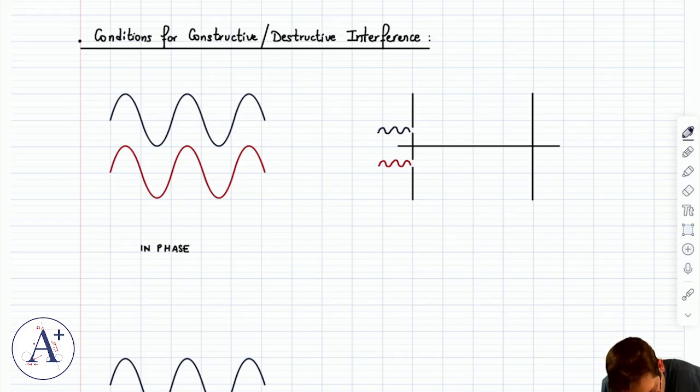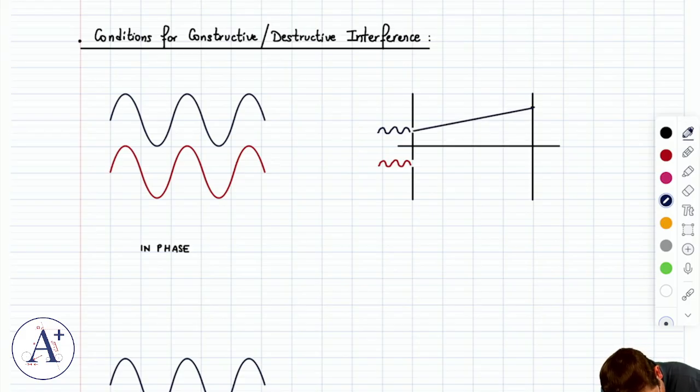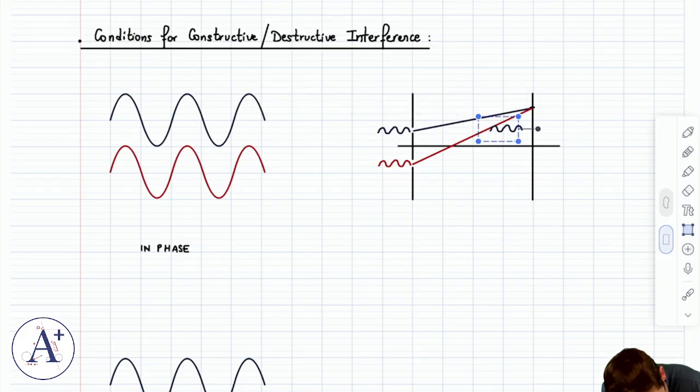But if you want to observe what happens here on the screen, then they don't travel the same distance in the air, right? And so even though they start out in phase, they're not going to arrive at the screen in phase. In fact, the red wave is probably going to be slightly late to the party.